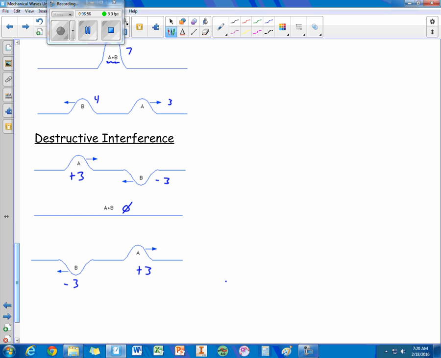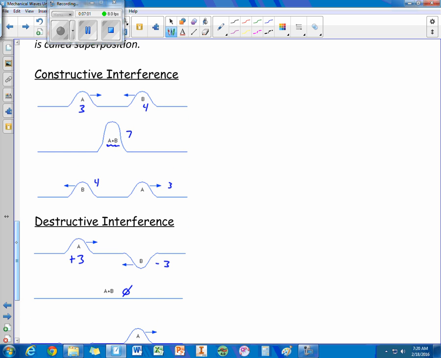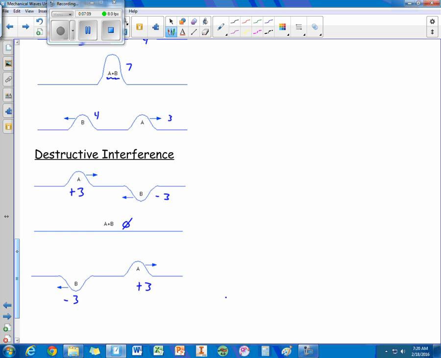If we're talking in terms of sound, let's say if two sound waves are having constructive interference, their volume will get louder. Okay? For destructive interference between two sound waves, the volume would get quieter. So we have an interesting case here where we can have sound plus sound equaling silence.